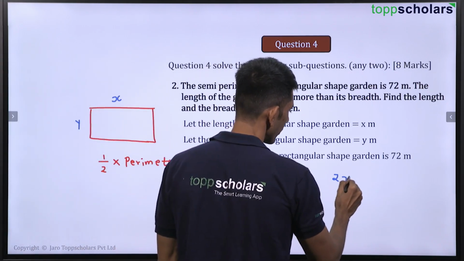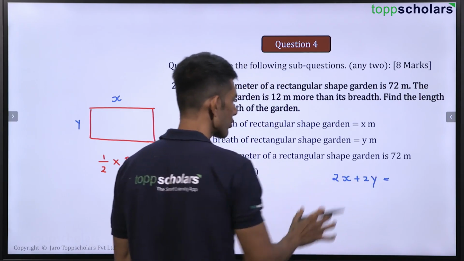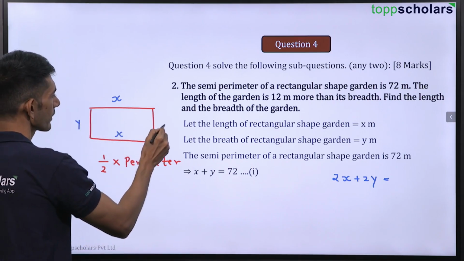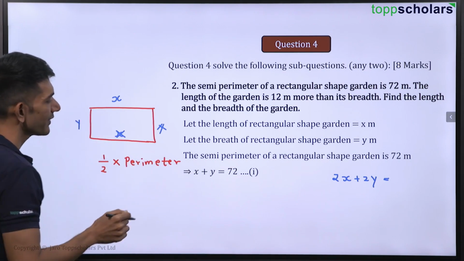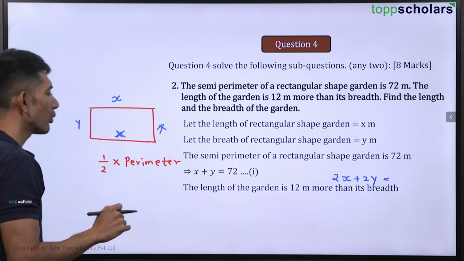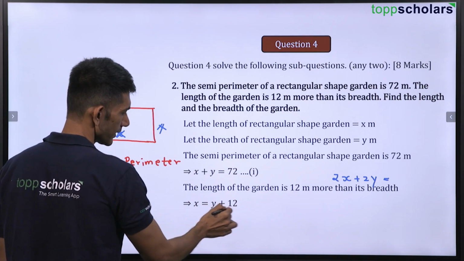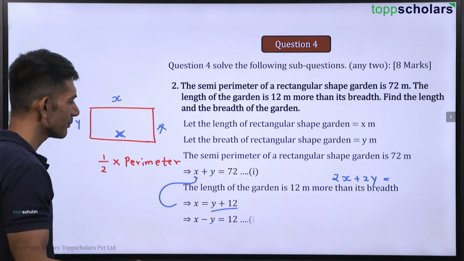Perimeter means 2x plus 2y. Perimeter is 2 times x plus y because it has 4 sides. But for semi-perimeter, we will not take one of the sides. So x plus y is 72. And also it is given that the length is 12 more than the breadth. So x will be 12 plus y. Just put it here, get the answer, very simple.